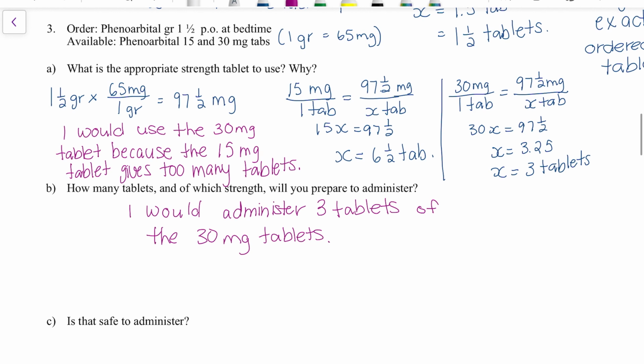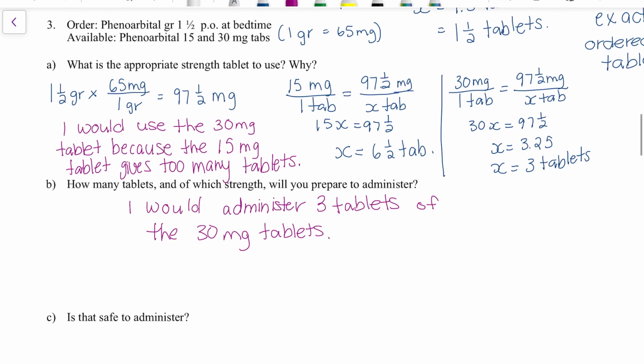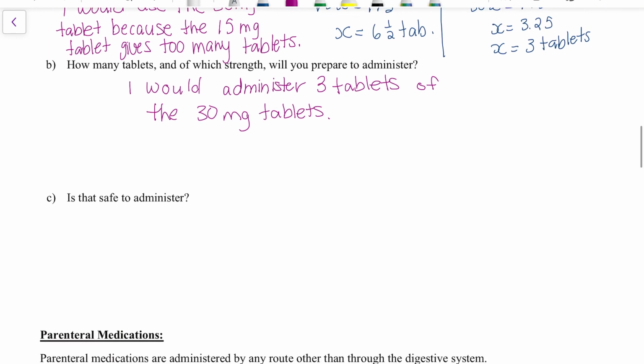So again, looking at our rules, it's a whole tablet, we haven't split it. It's 3 and less, so that's fine. The other main one is that variation. So let's just double check that the 3 tablets keeps us within that 10% variation. So we have suggested 3 tablets at 30 milligrams, gives us 90 milligrams of medication.